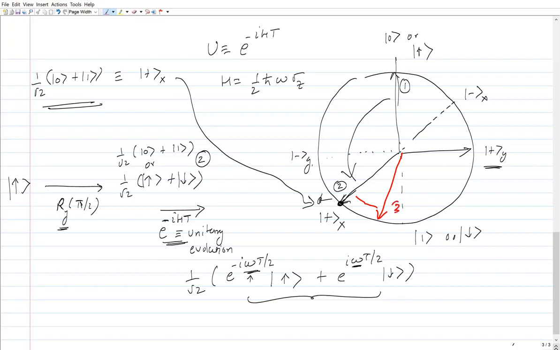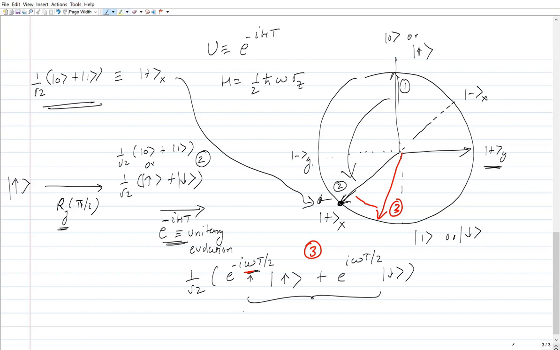This is my state 3, which is this guy. And this rotation is going to be proportional to omega. So I already have the information about the parameter I was supposed to measure embedded in the state.